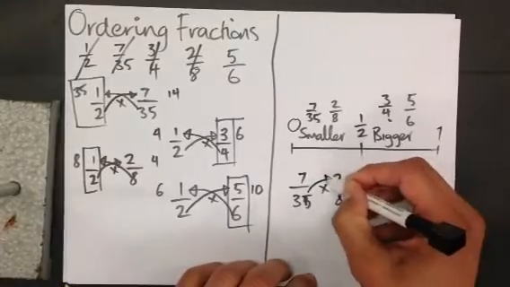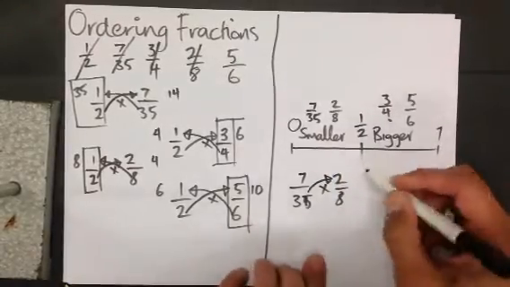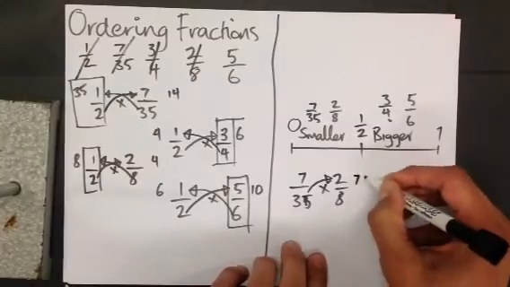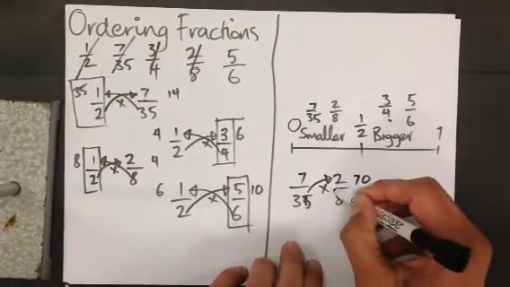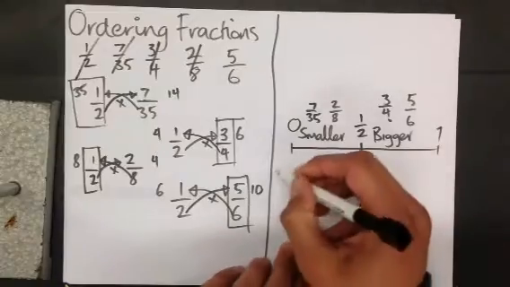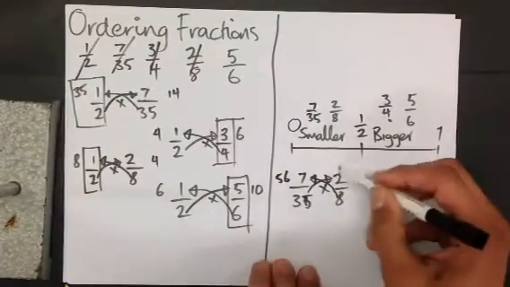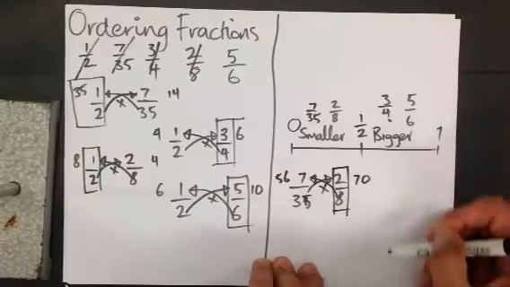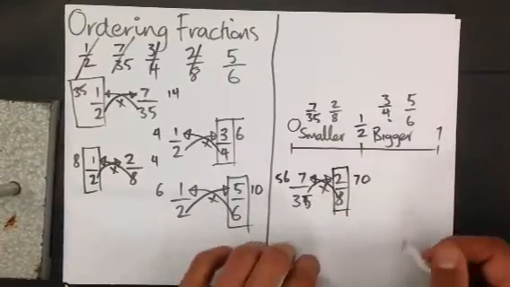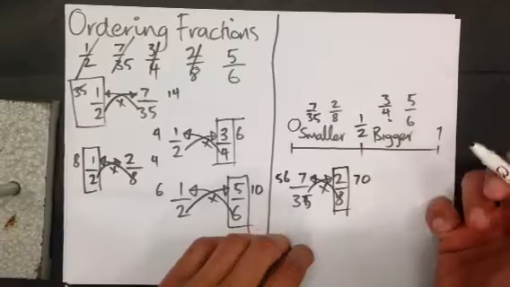Same process, times the bottom of one side to the top of the other. 35 times 2 is 70, and 8 times 7 is 56. So I know that 2/8 is bigger than 7/35.